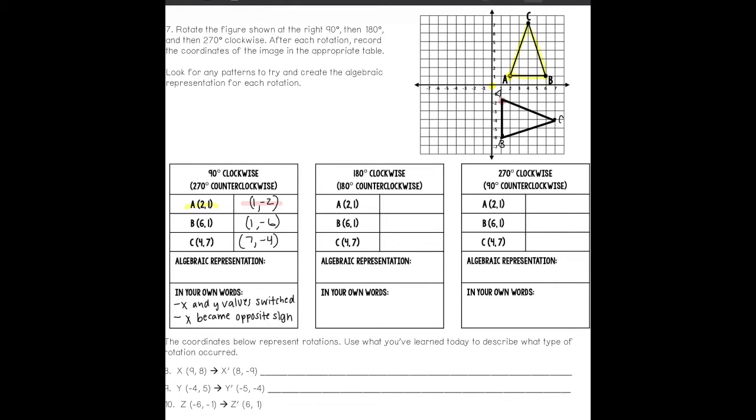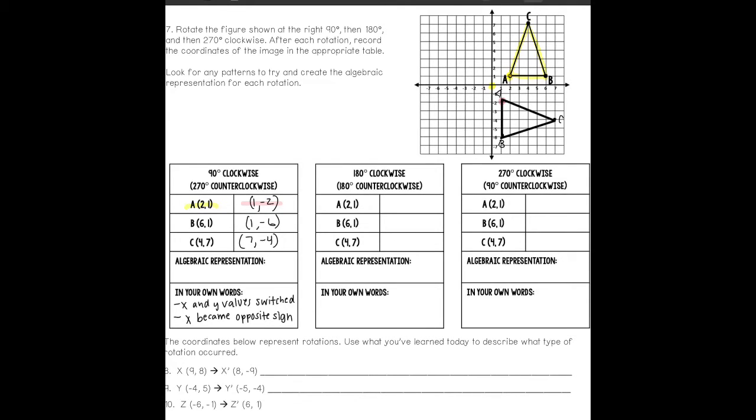So that negative sign that we're going to use here in our algebraic expression or representation means the opposite of. Okay, it doesn't mean negative, it means the opposite of. So if it is positive, it makes it negative, but that's because the opposite of a positive number is a negative. Now the opposite of a negative number is a positive, so that's where it gets tricky and why you have to remember that it means opposite, not negative.